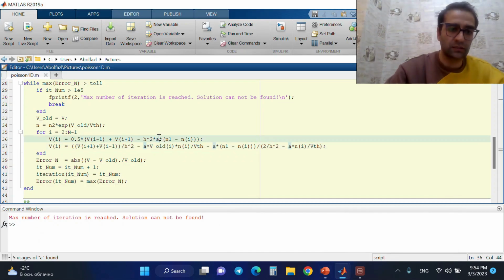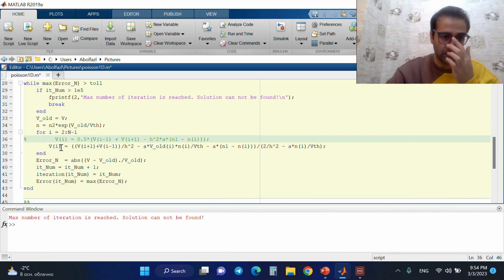I just disabled the upper line with Control R, and now we calculate this equation.